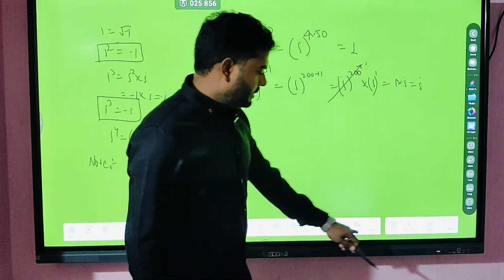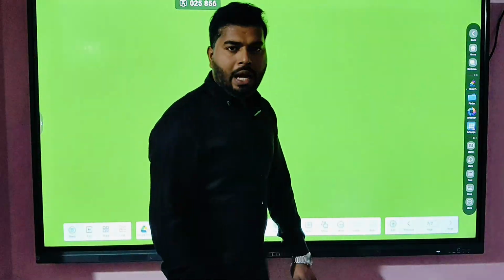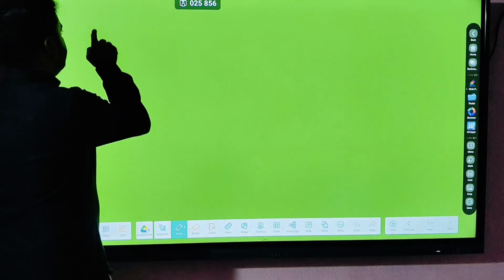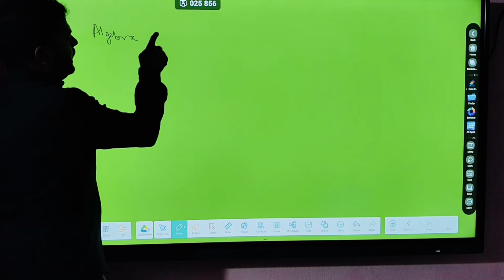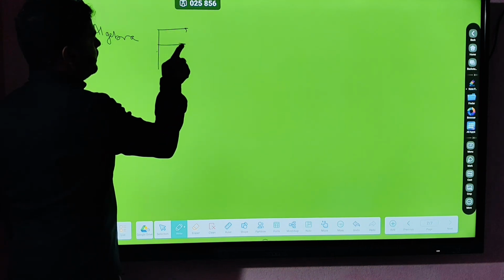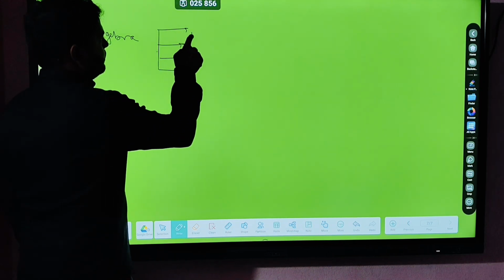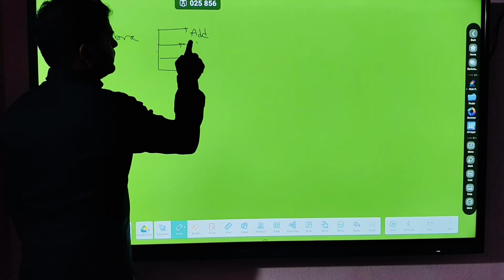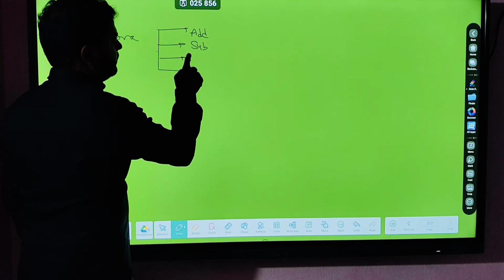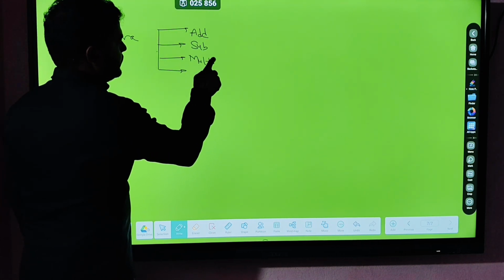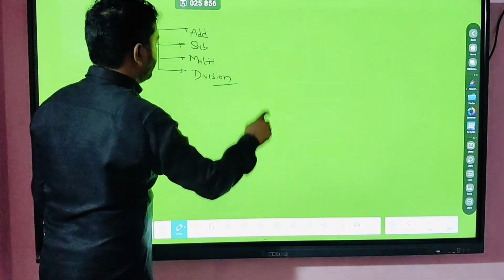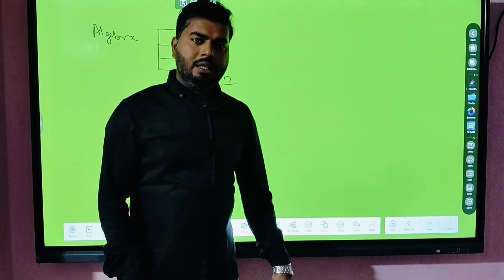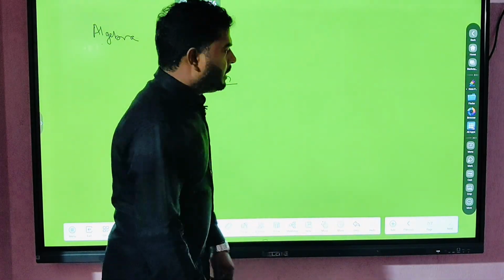Okay, now after this we will do algebra of complex numbers. Okay, so we know that in algebra we have 4 major operations. One is addition, second is subtraction, third is multiplication, and fourth is division, right? Okay, so addition and subtraction we learn together.